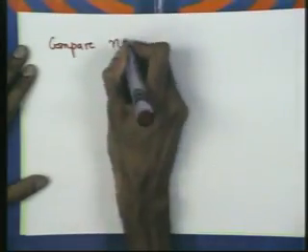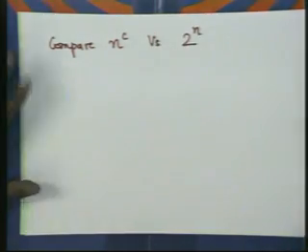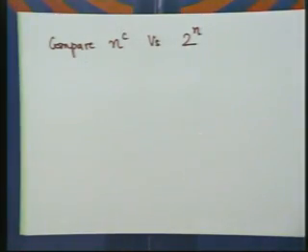The reason is this: compare n to the c and, let's say, 2 to the n. 2 to the n is what a brute force algorithm would take, and n to the c is what our notion of efficiency will be. 2 to the n grows much faster than n to the c.